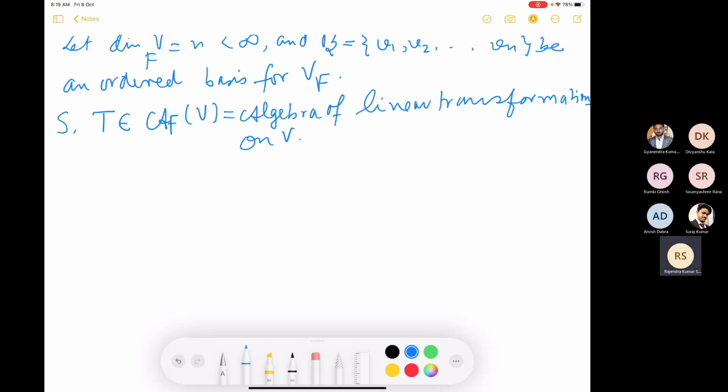Now define a few things that we know. So recall that two linear transformations, they are after all mappings.